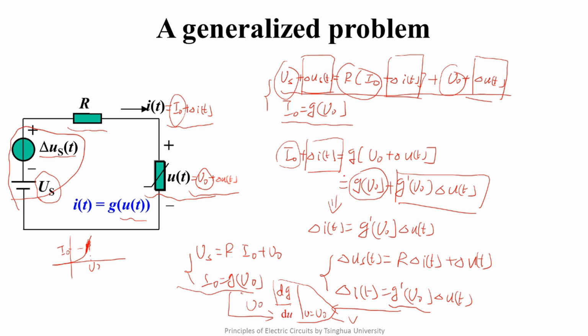Look at this group of equations. They are nonlinear algebraic equations. While this set of equations are linear algebraic equations about delta UT and delta IT. It is very important. It has realized one thing we presented in page 2 of this lecture.